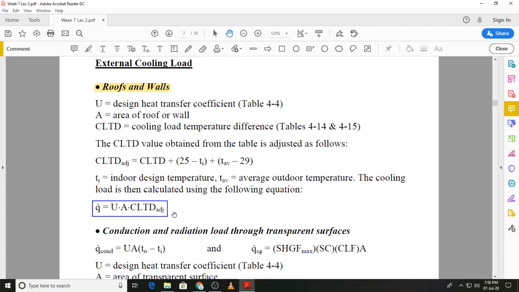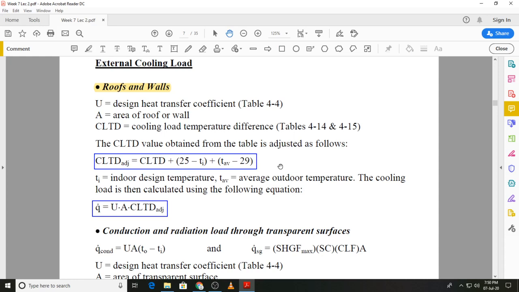And to account for those variations, we use the value CLTD adjusted, and the formula for CLTD adjusted is also shown over here, and you don't have to remember this formula. When you use the table, you will see that this formula is also given at the bottom of the table.